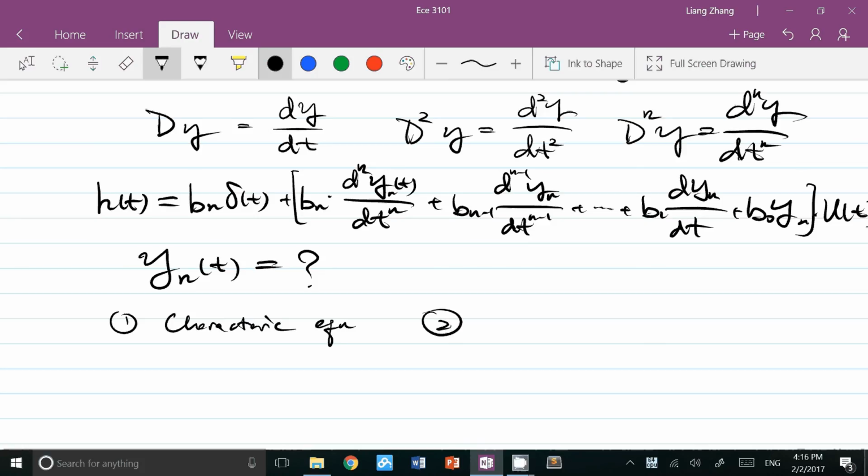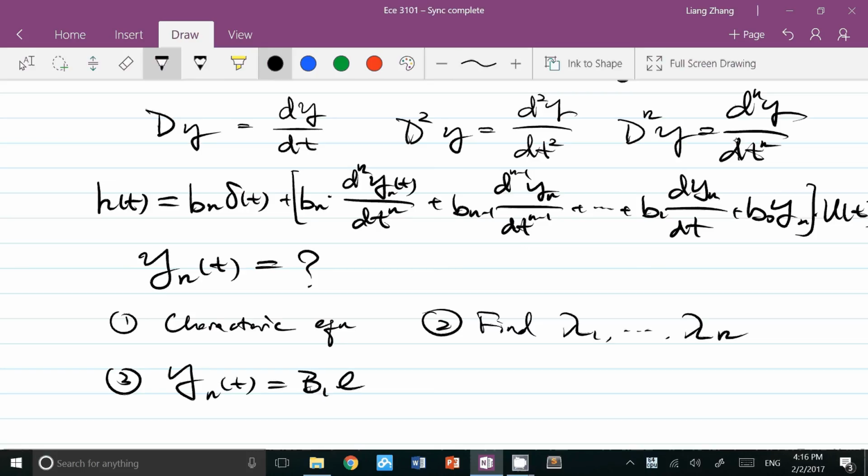Second, you need to solve it to find the roots, meaning all the lambdas, lambda 1 up to lambda n. And then, at the third step, assuming all these roots are distinct, yn will take the form of a sum of exponential signals coming from these lambdas.